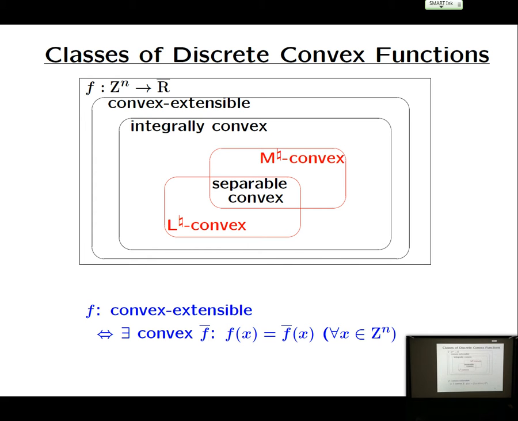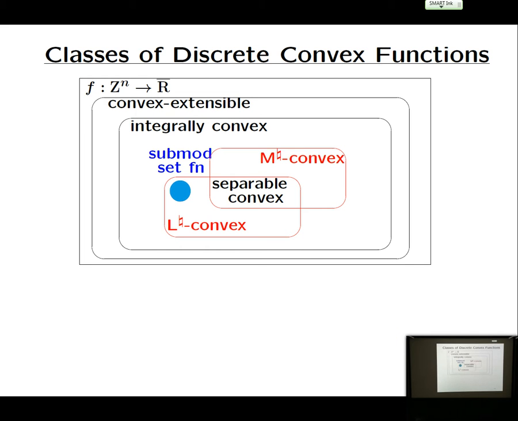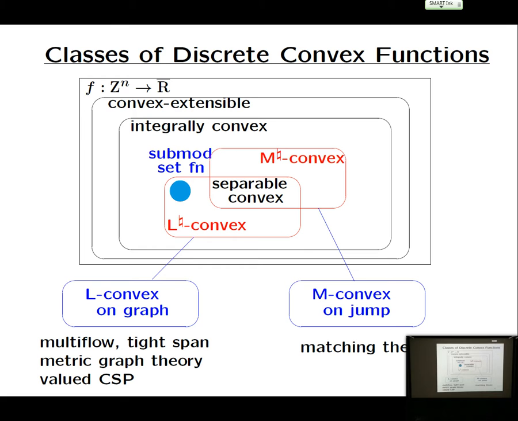And the main classes in discrete convex analysis are M and L convex functions. They look like this. And the submodular set function that you are familiar with is a subclass of L natural convex function. Okay? So actually, L natural convex functions defined on 0, 1 vectors are exactly the same as submodular set functions. Okay? And here are extensions.